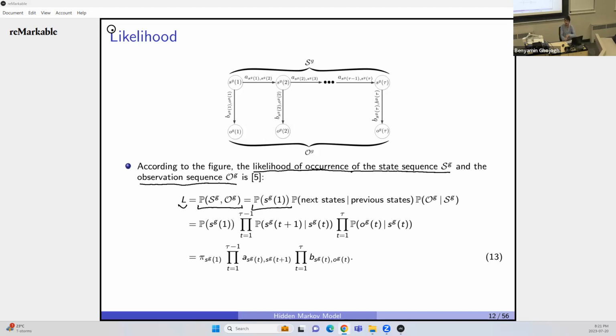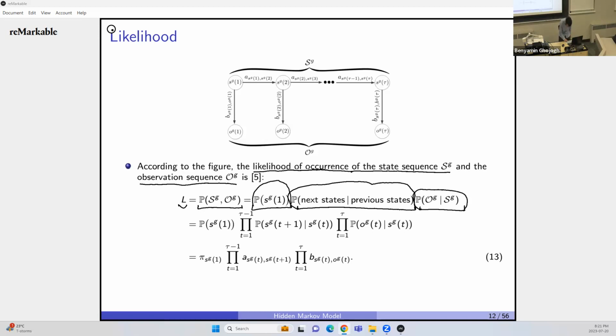Probability of SG1, so the initial probability of states, times the probability of next states given previous states, agreed? Times the probability of OG given SG. What do I mean? This is the initial probability of states. Then this denotes the probability from matrix A, going from one state to another state, right?